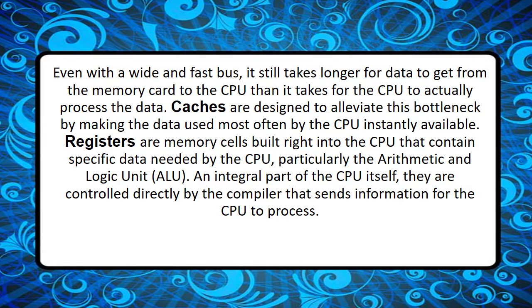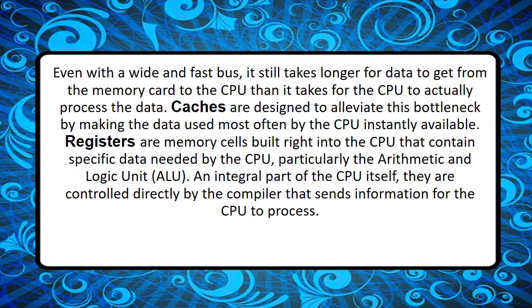Even with a wide and fast bus, it still takes longer for data to get from the memory card to the CPU than it takes for the CPU to actually process the data. So that is why caches are designed to alleviate this bottleneck by making the data used most often by the CPU instantly available.